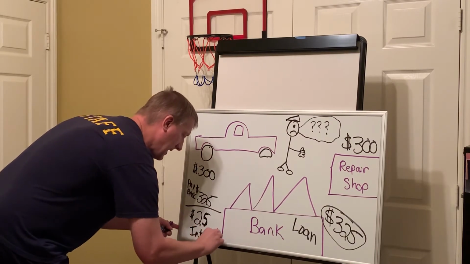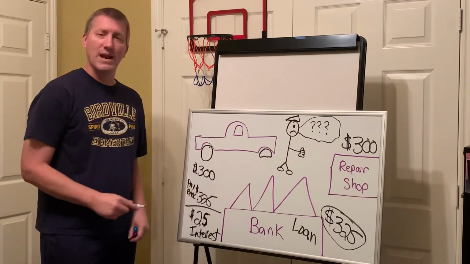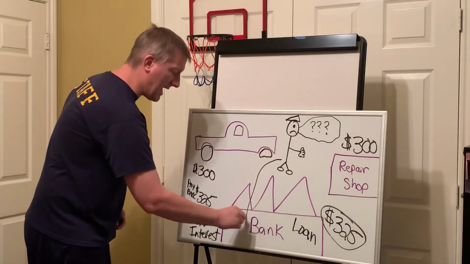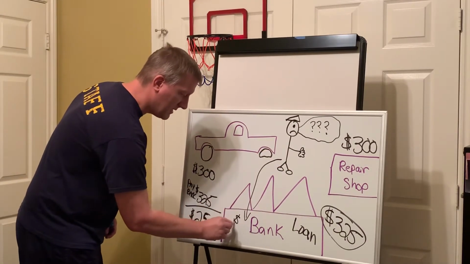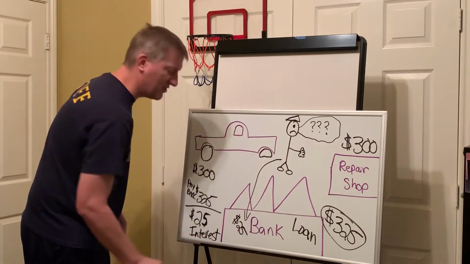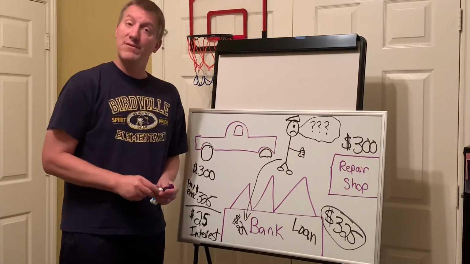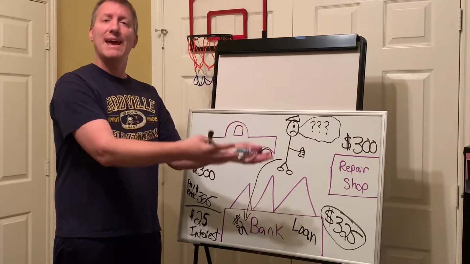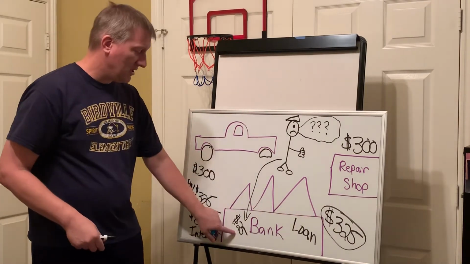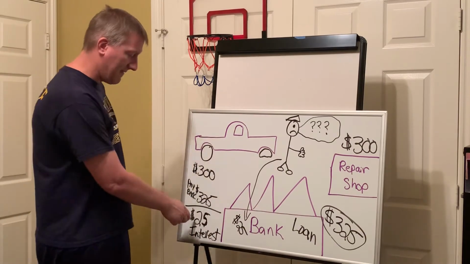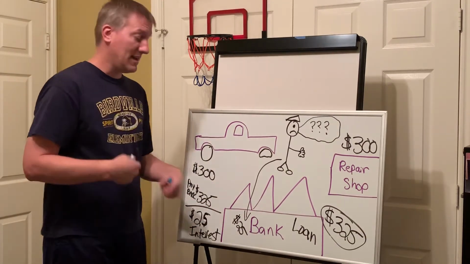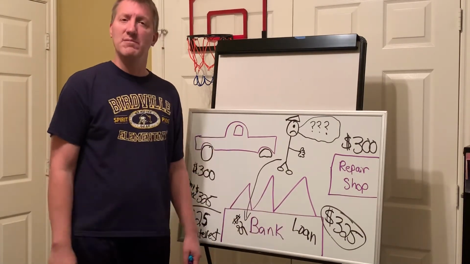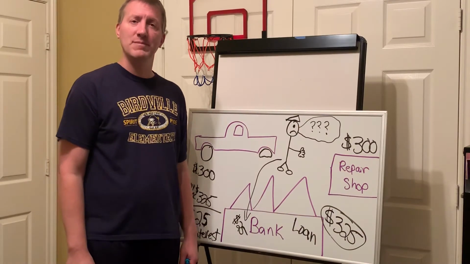This is what I have to pay the bank. I have to pay them back the $300 because that's what they gave me, and then I have to pay them an extra $25. And that is the interest on the loan they gave me.